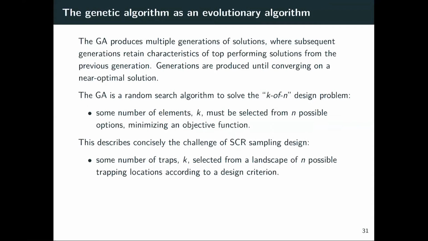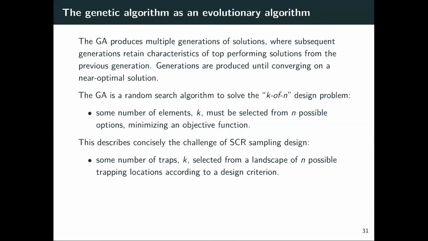So how does the genetic algorithm work? How does it take on these criteria and come up with a design? One of the main points here that I think is really helpful for people is to understand that the genetic algorithm is a computer algorithm that's in the class of evolutionary algorithms. So a lot of the terminology and how it comes up with designs or solutions is based off of evolutionary biology concepts.